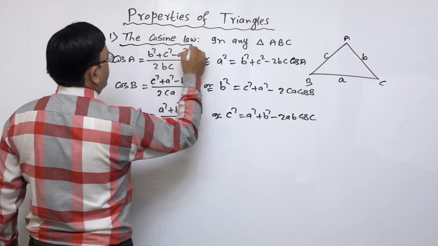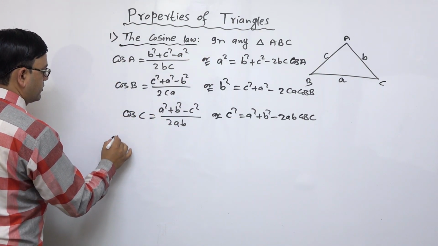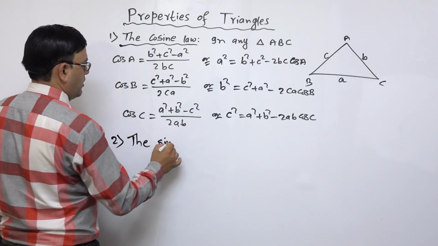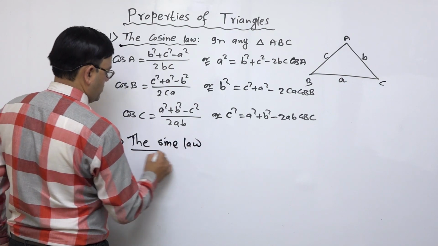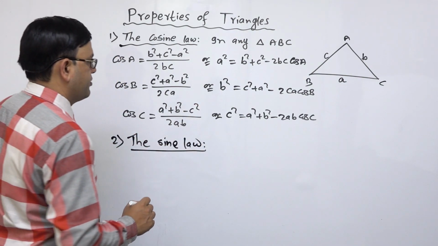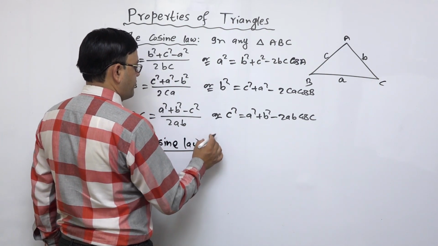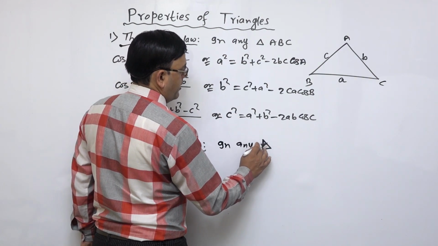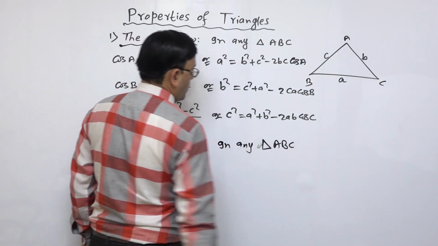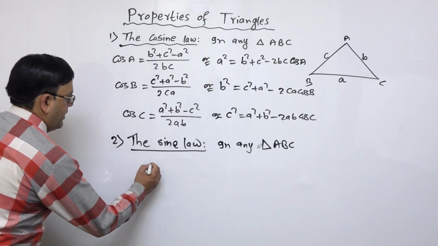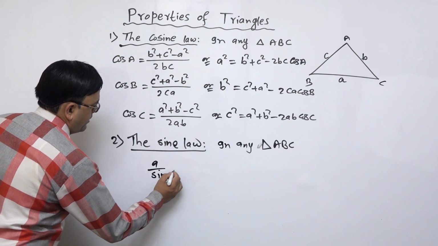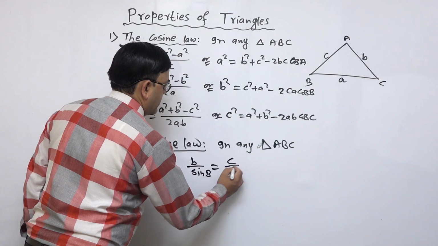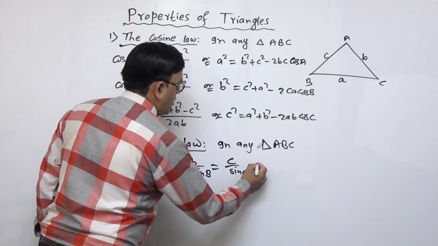Now the next one is the sine law, number 2. It states that in any triangle ABC, a by sine A is equal to b by sine B is equal to c by sine C is equal to 2R.